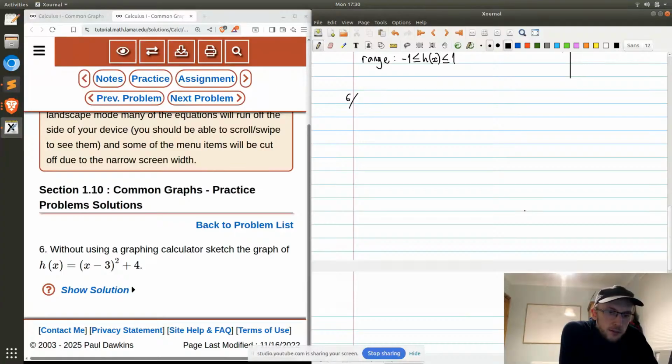This is in vertex form. And what is the advantage to this again?